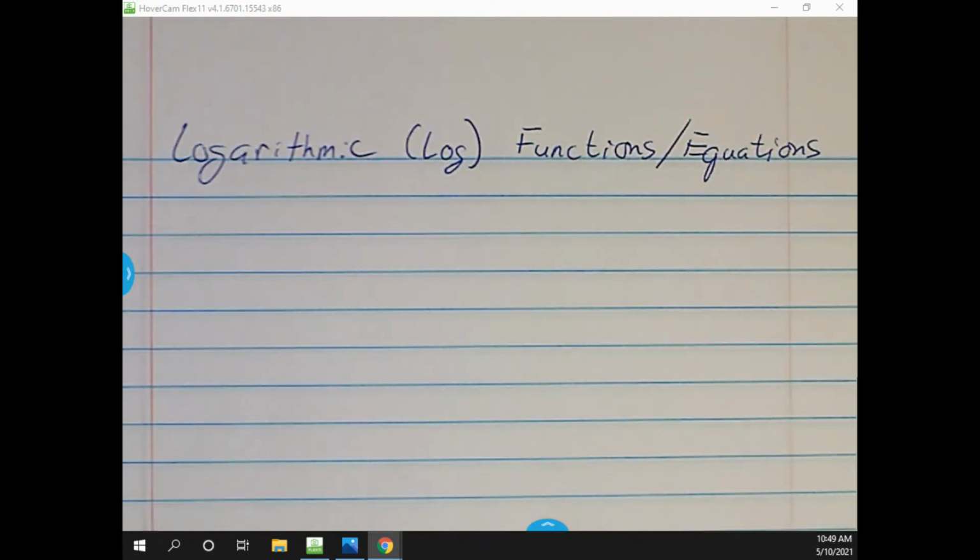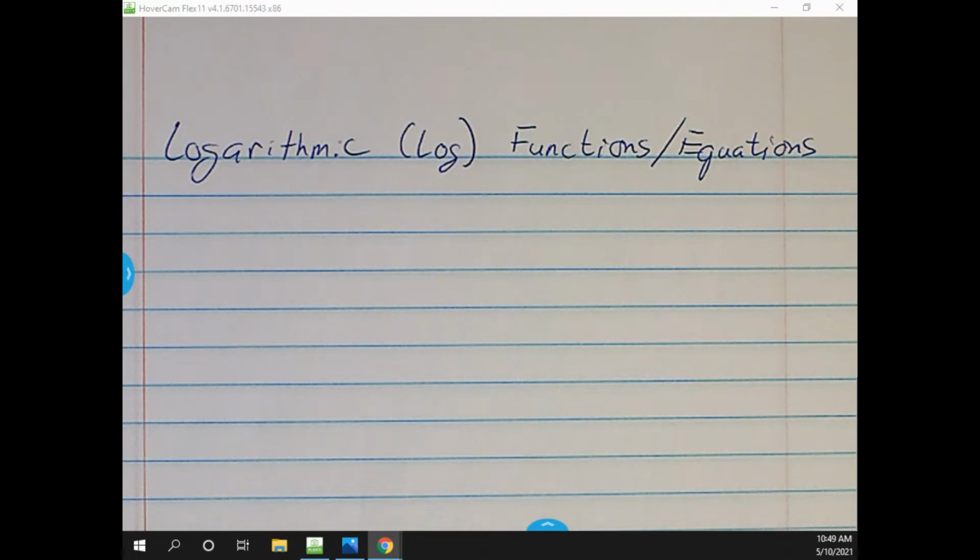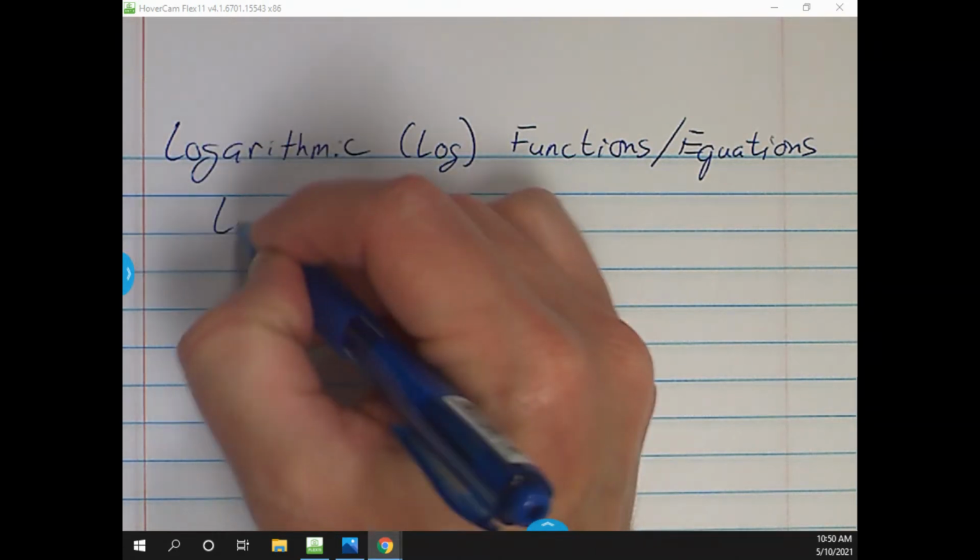And doesn't matter if it's functions or equations, it's still the same thing. Okay, so if we stick with equations, we'll just say a log equation.